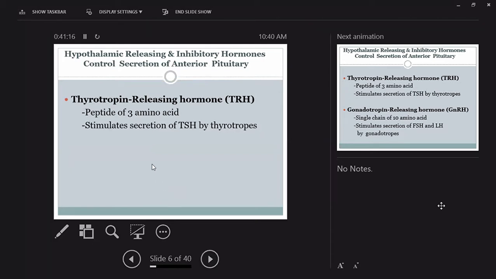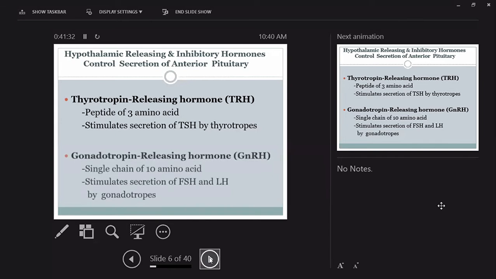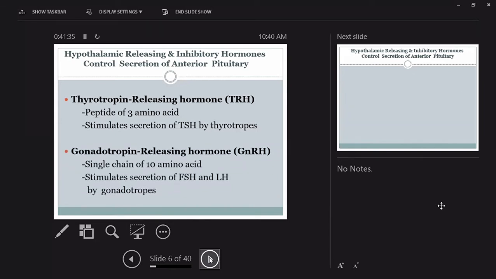You have your thyrotropin releasing hormone. It is a peptide of only 3 amino acids. Very short, no? It stimulates the secretion of your thyroid stimulating hormone from the anterior pituitary.